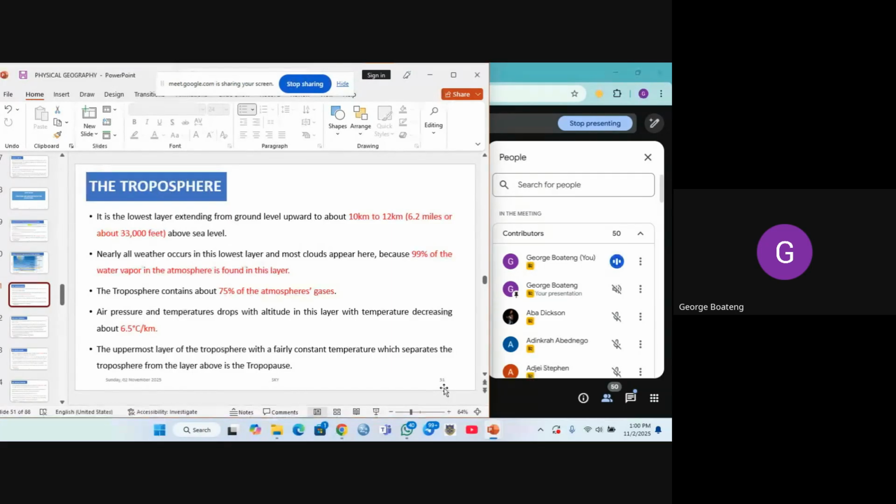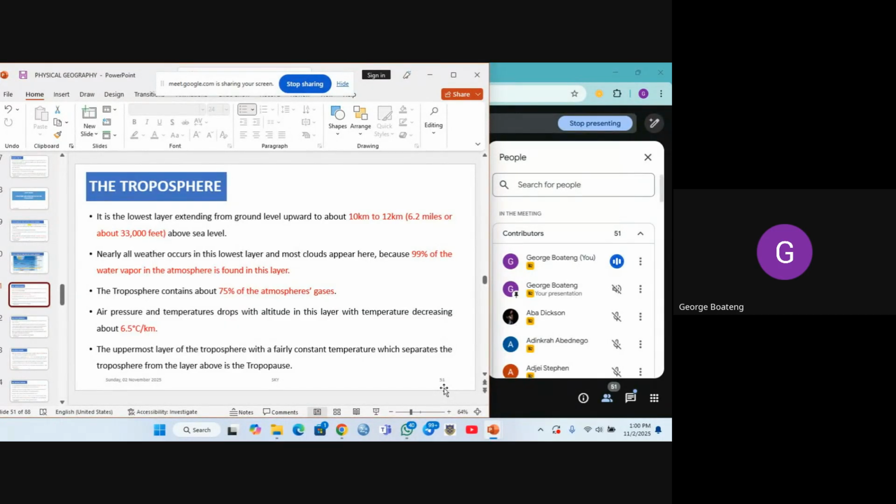That is, the higher you go, the cooler it becomes. So the term, the higher you go, the cooler it becomes, is what we call environmental lapse rate or normal lapse rate.